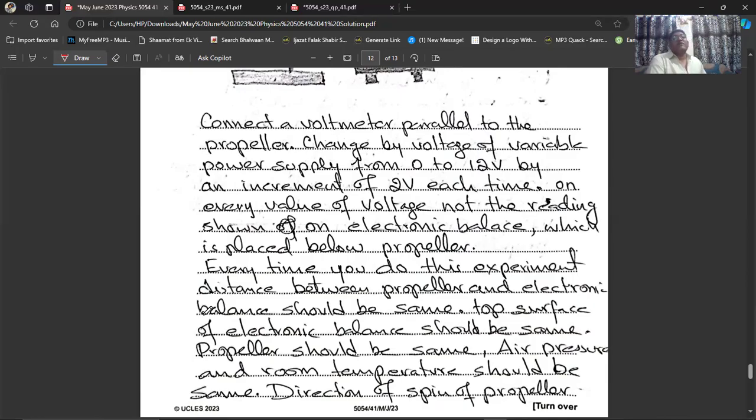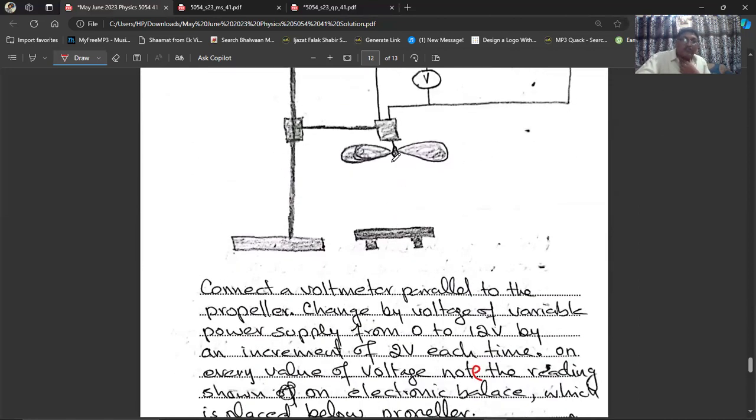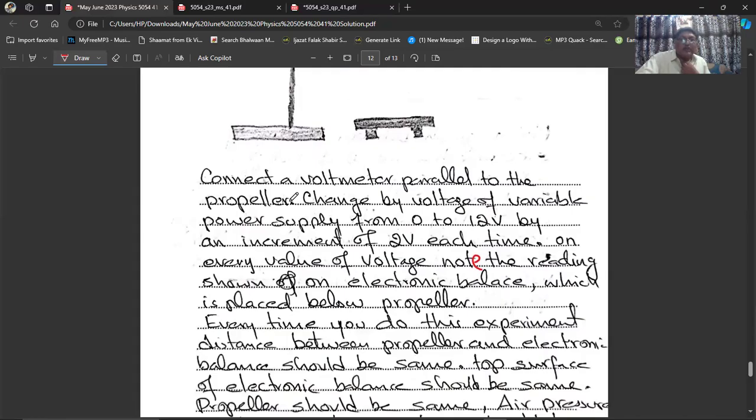On every value of the voltage, note the reading shown on the electronic balance, which is placed below the propeller. You have put that electronic balance below the propeller, so its wind is causing a force on the top of the electronic balance. Okay.